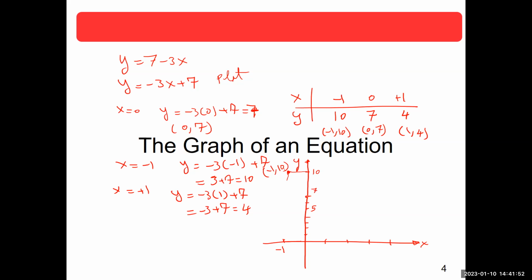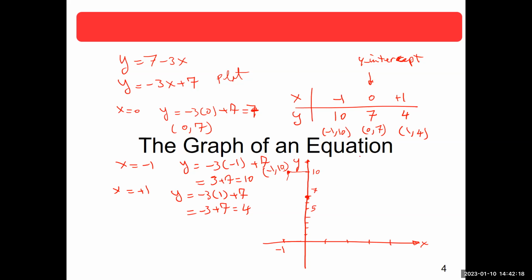This point, because where is it? It is on Y. This is called y-intercept. This point here is y-intercept, because the point is exactly on the y-axis.